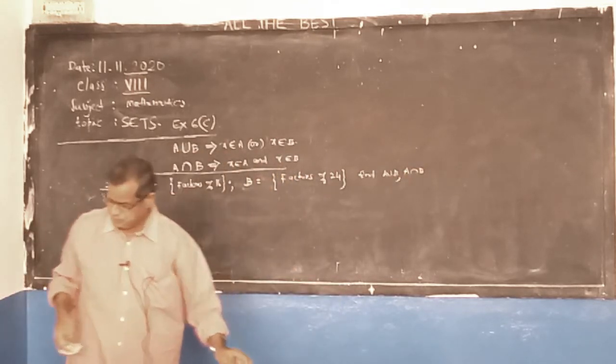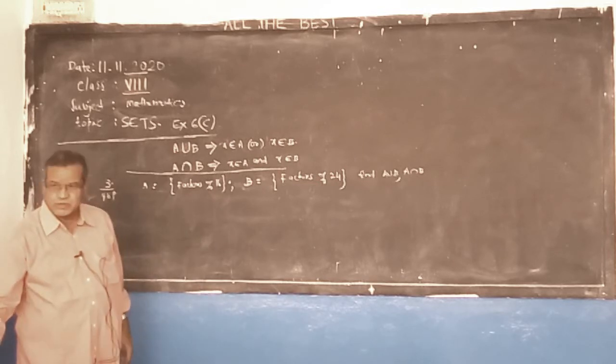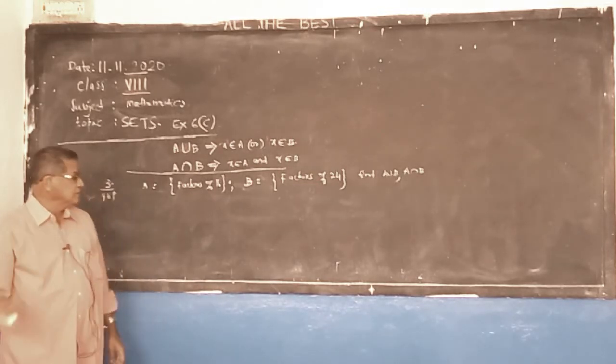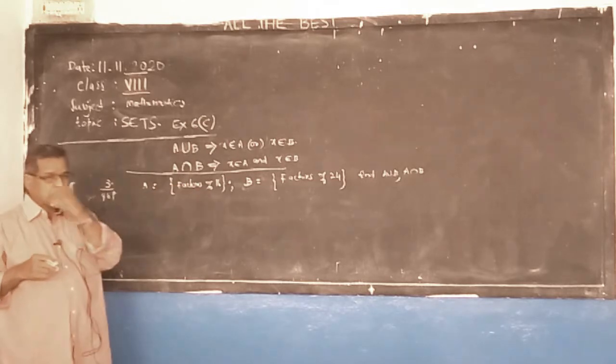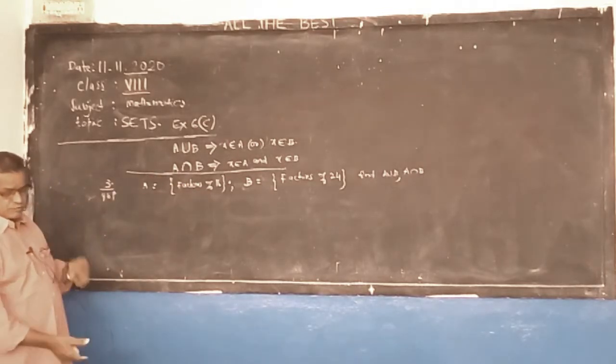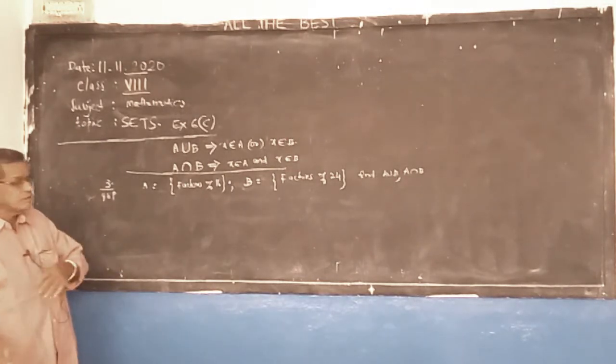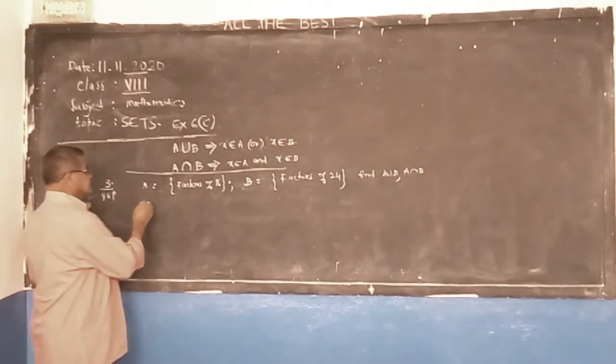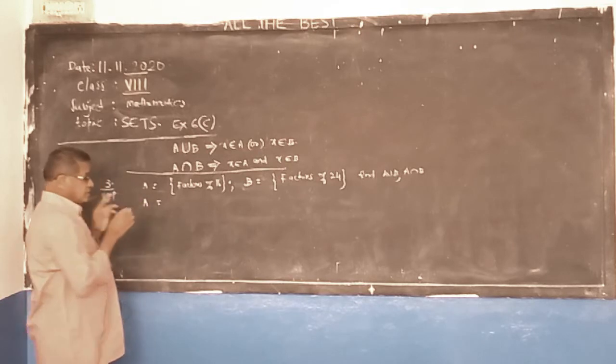It is easy. First of all, we write the factors. Set A is given in descriptive form, not as elements, so let us write set A now. Factors of 16.